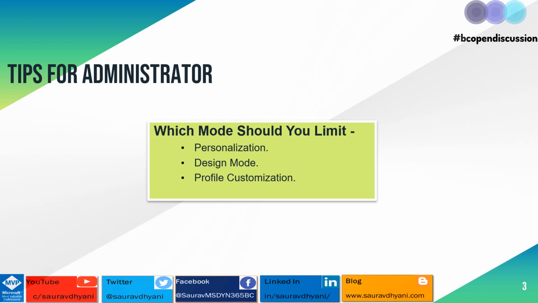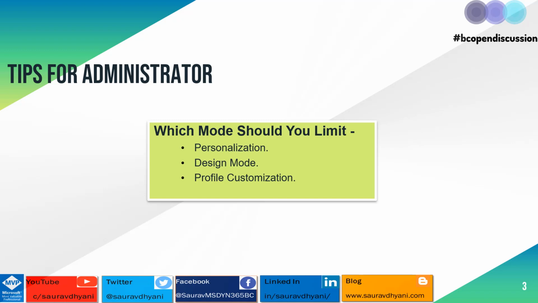And one of the common things in Business Central is how users can change what they see on their screen. If they want to add a field on a page, if they want to change the order of fields on the page, there are three ways to do it. One is using personalization, one is using design mode, and one is using profile customization.